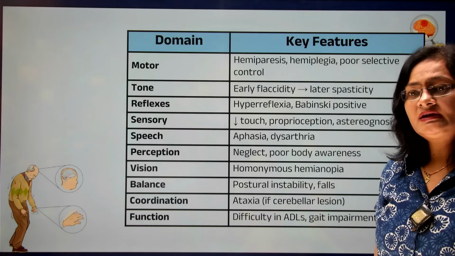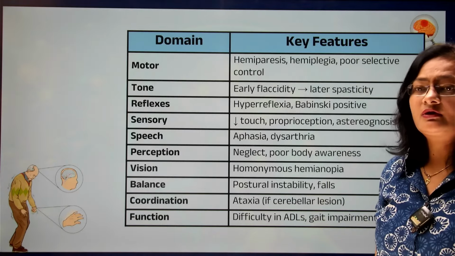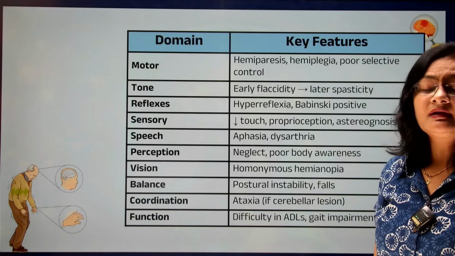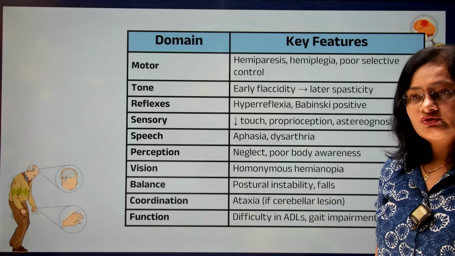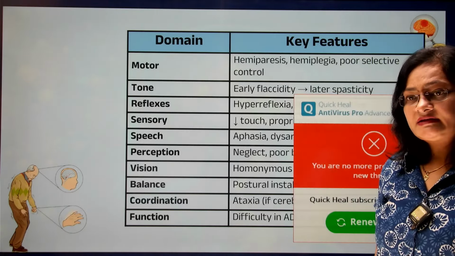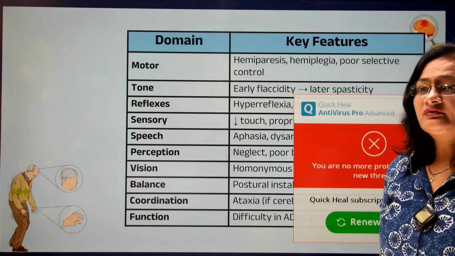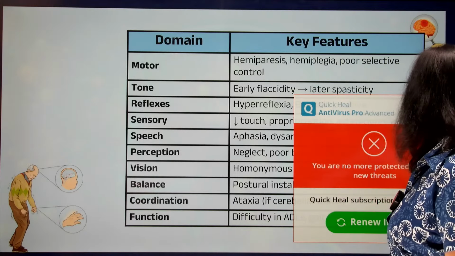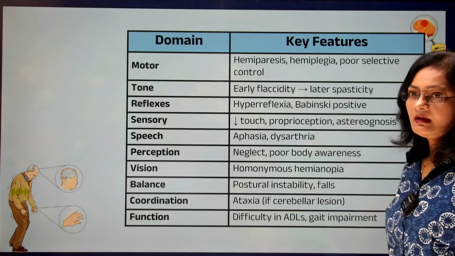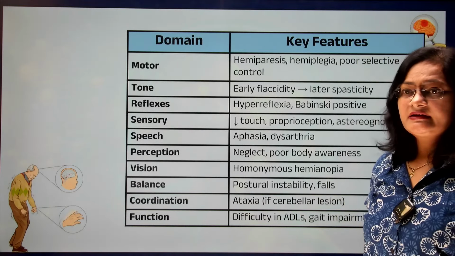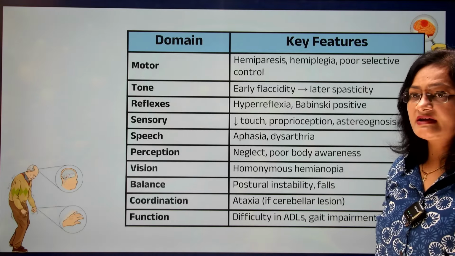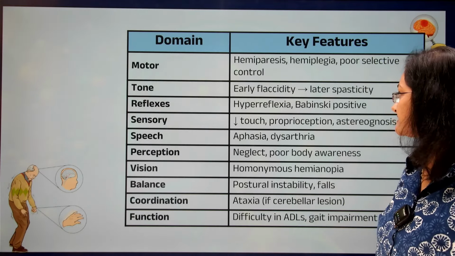During the initial few hours, up to 24 hours, there will be flaccidity, and then spasticity will develop. Reflexes will show hyperreflexia and a positive Babinski sign.